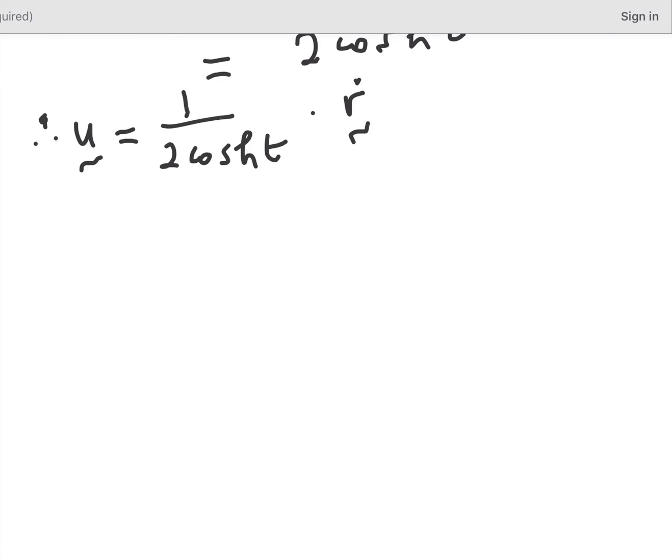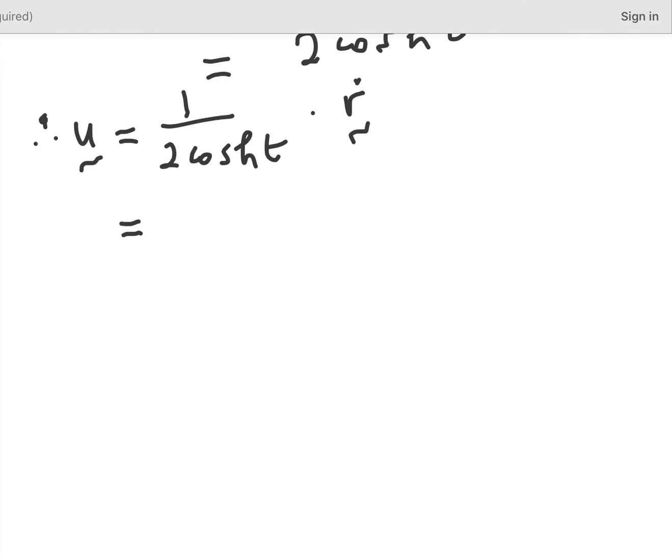So dividing each of the components of r dot by 2 cosh, we end up with, keeping in mind that sinh over cosh is tanh, 1 over cosh is defined as sech.